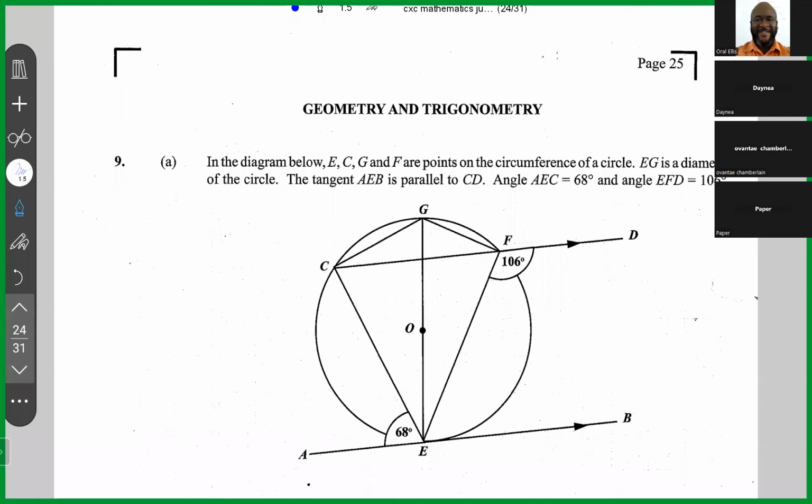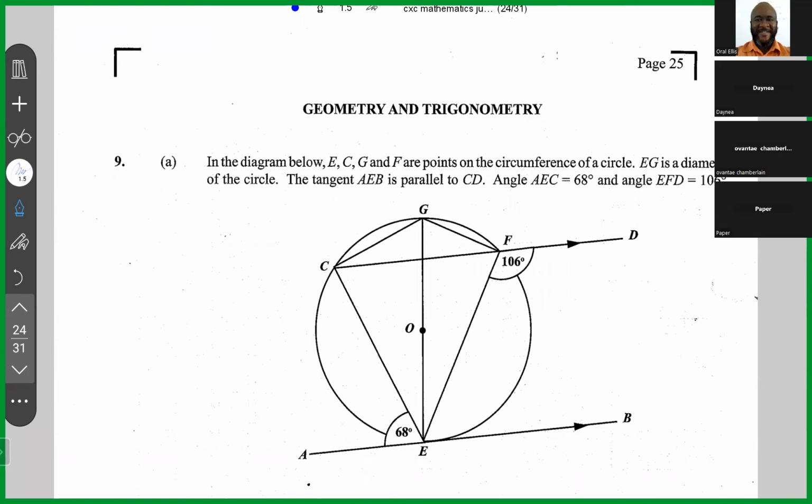Question number 9, it says, in the diagram below, E, C, G, and F are points on the circumference of a circle. EG is a diameter of the circle. The tangent EAEB is parallel to CD. The angle AEC is 68 degrees, and the angle EFD is 106 degrees.